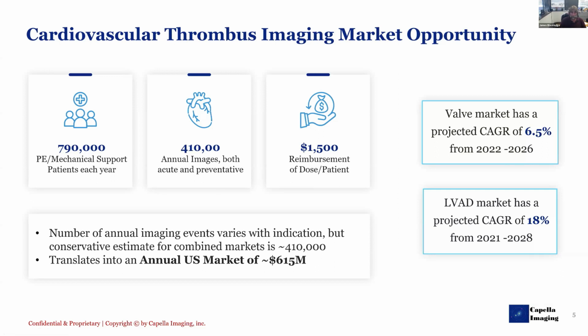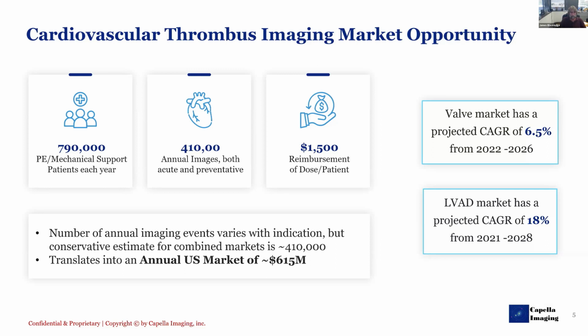So we're looking at a market that embodies really three primary indications initially. One is pulmonary embolism, and the second would be prosthetic valves, and the third would be the ventricular assist devices. And these all have varying degrees of needs for support, but we estimate that the sum total is going to be about 400 plus images per year for both acute and preventative diagnosis.